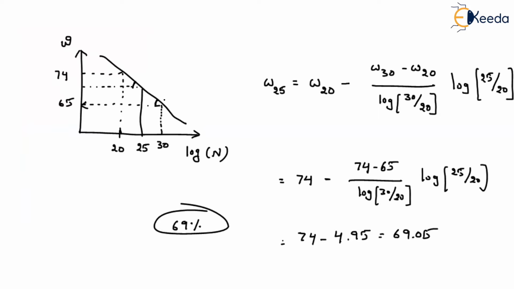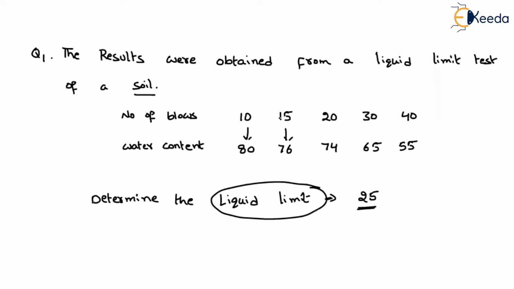It is not mandatory that you take it corresponding to 25. For this graph the slope is always constant, so you can take 10 to 15, or 15 to 20, or any two values, or even 10 to 30, no problem at all. You will get the same answer.